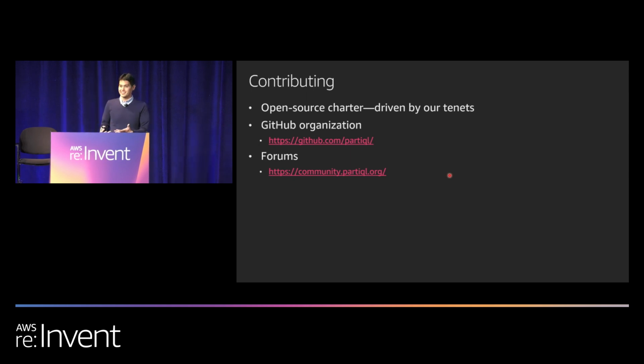We're not done there yet. So I think it's really important that at our website, particle.org, we have an open source charter. It not only enumerates our tenets, but really emphasizes what we're looking for here. And it's a good way to get on the same wavelength about how we're evolving the language and how you folks can contribute back to it.